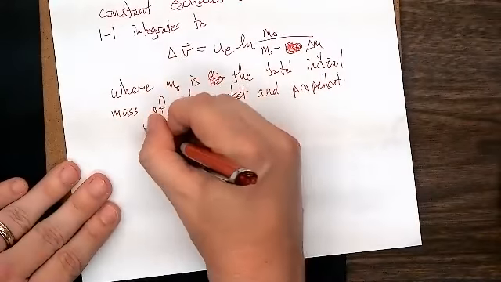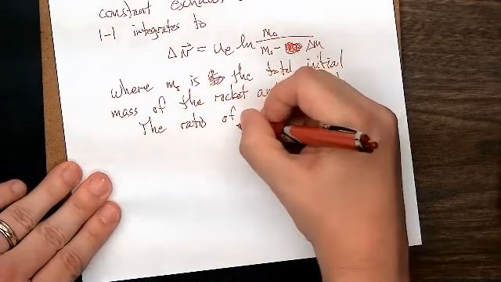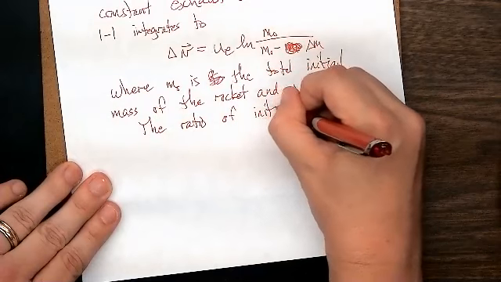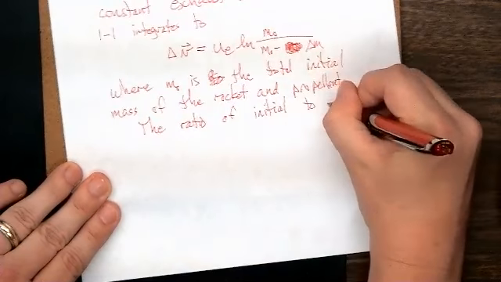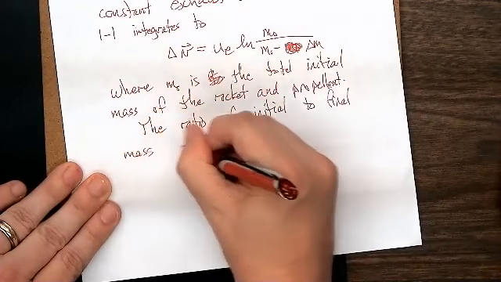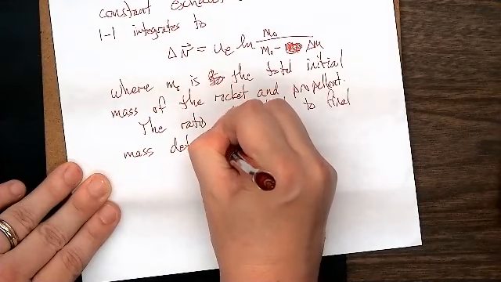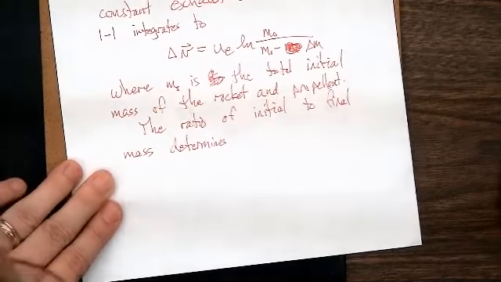Okay, the ratio of initial to final mass determines the maximum velocity of the rocket.